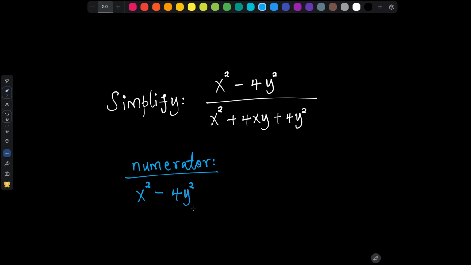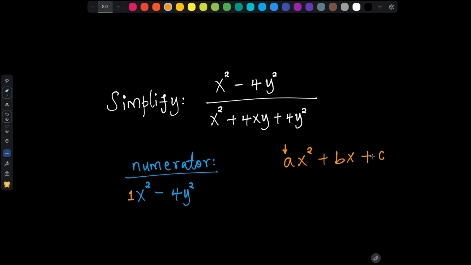The first thing we need to realize is that this is a quadratic expression. And remember, quadratic expressions are of the form ax squared plus bx plus c. In our case, the value of a, the coefficient of x squared, is 1, since x squared is the same as 1x squared. The value of b is 0, since we do not have an x term here.